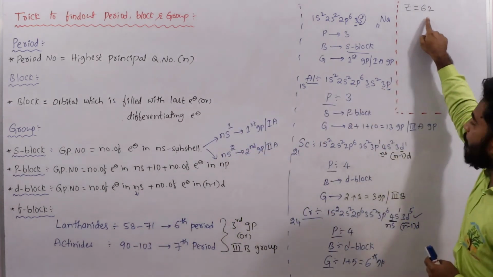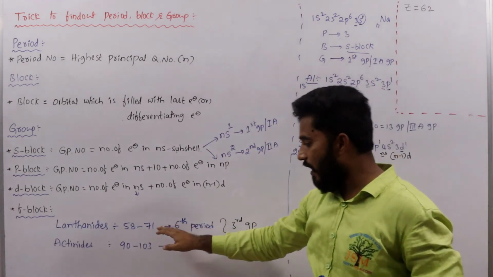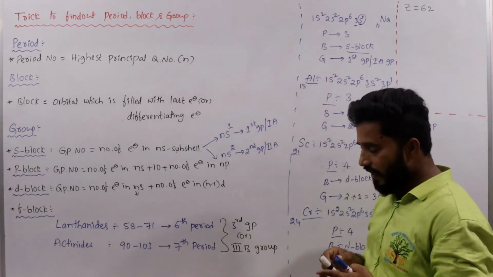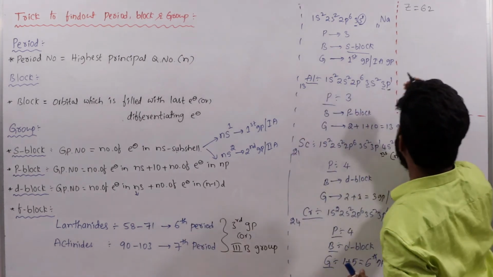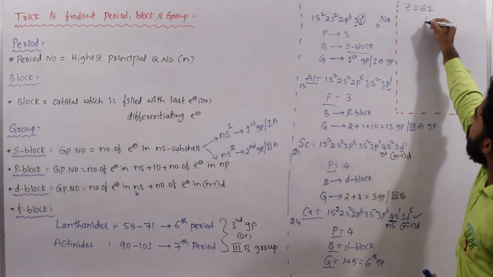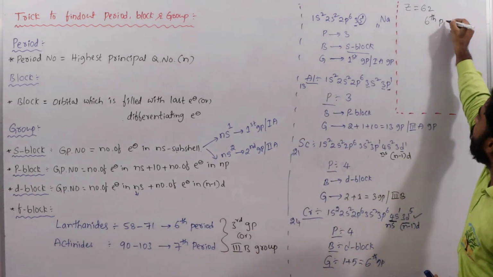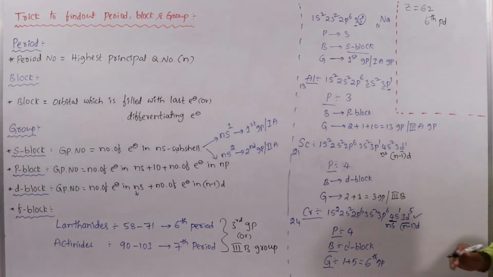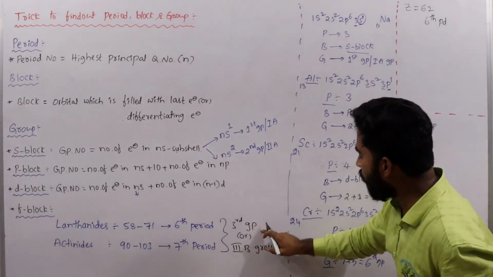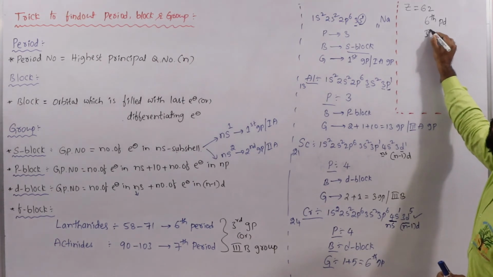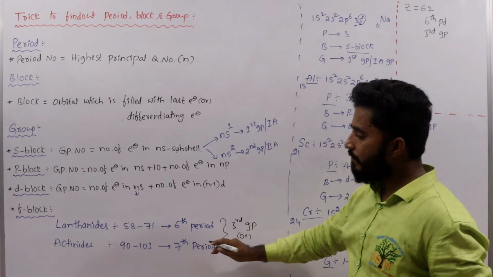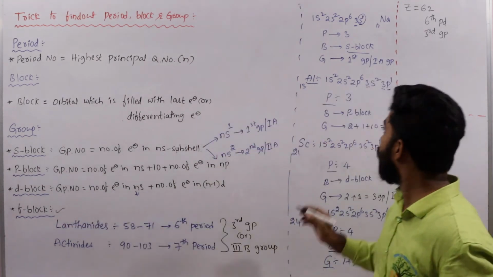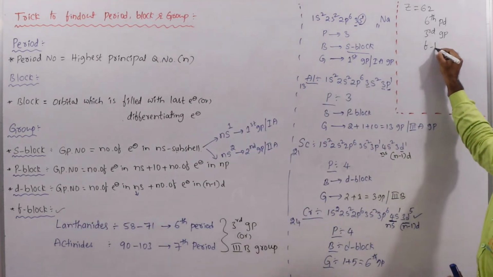The given atomic number lies between 58 and 71, so directly we can say this belongs to the sixth period. What is the group number? It belongs to the third group. And which block? F block.